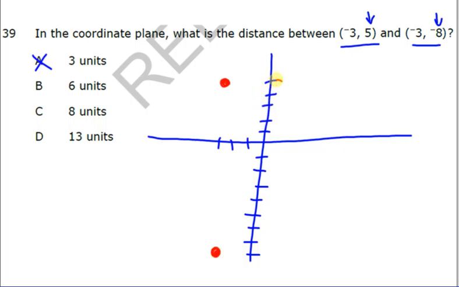Count how many units. 1, 2, 3, 4, 5, 6, 7, 8, 9, 10, 11, 12, 13. Your answer is D, 13 units.